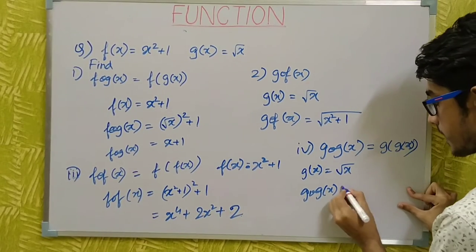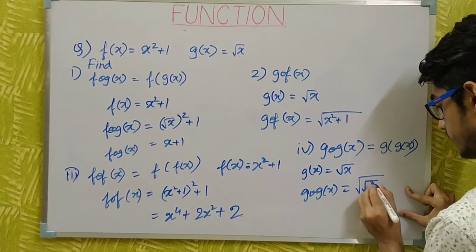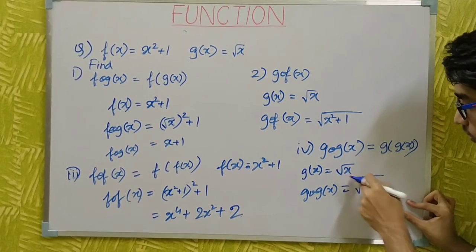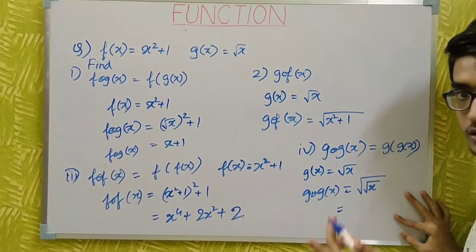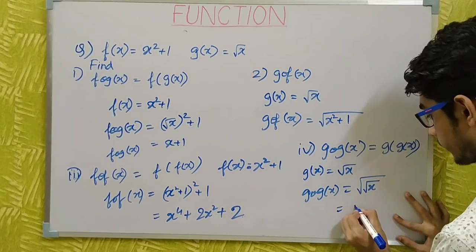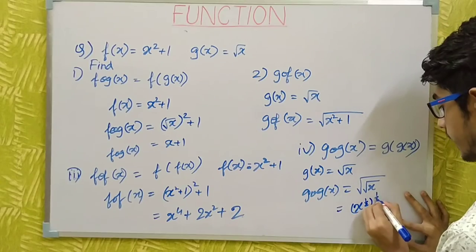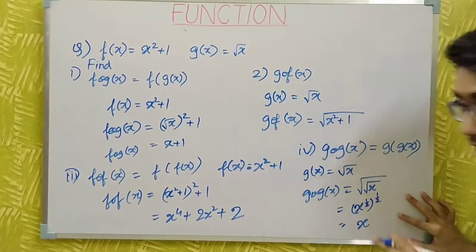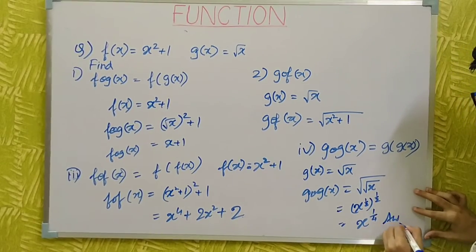Then gog x will be under root of root x. Under root can also be written as to the power half, which means x to the power half to the power half, then x to the power half into half, that is x to the power 1 by 4. This is the answer.